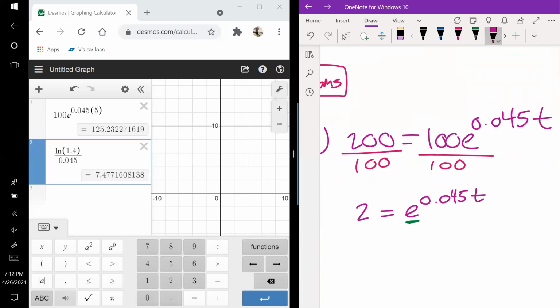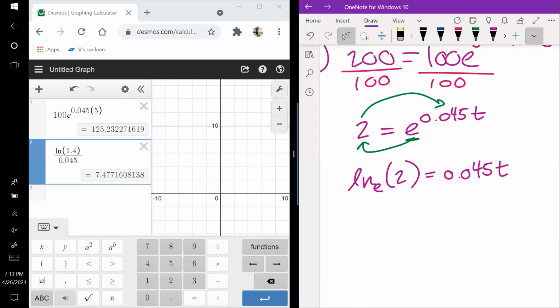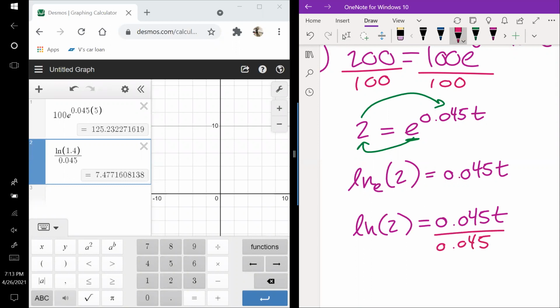So you will get the natural log, base e, of 2 set equal to the exponent, once again, 0.045t. We don't need that base of e in there, so we'll get natural log 2 equal to 0.045t. Divide by 0.045, 0.045, and calculator time.